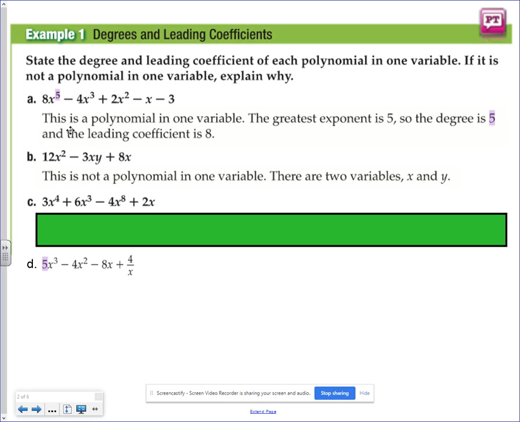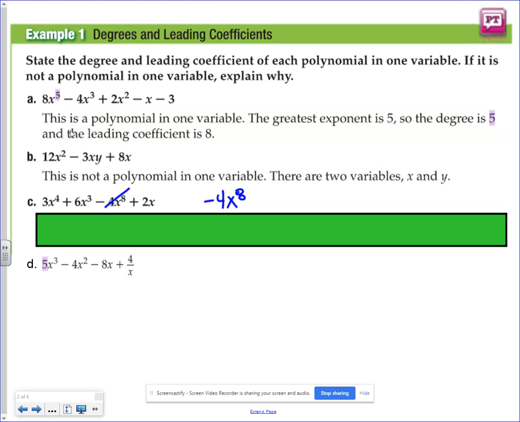Okay, what about C? This is a polynomial in one variable, but it's not written in standard form. So let's rewrite it in standard form. So locate the biggest exponent first. The biggest exponent is x to the 8. What's the coefficient on that? -4. I'll write that first. After 8, what's the next biggest one?